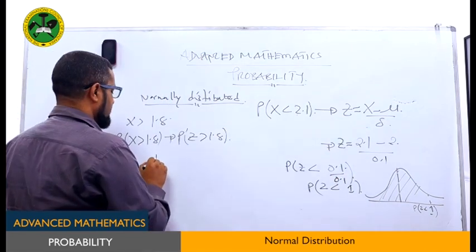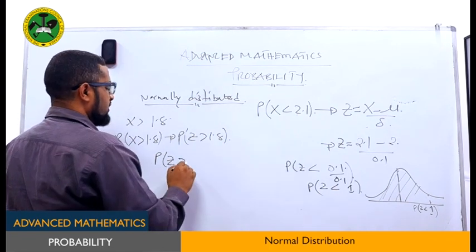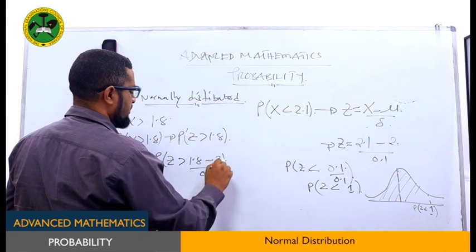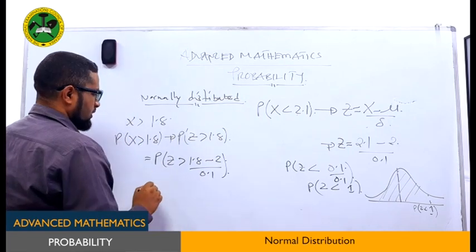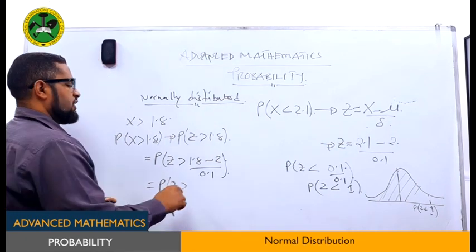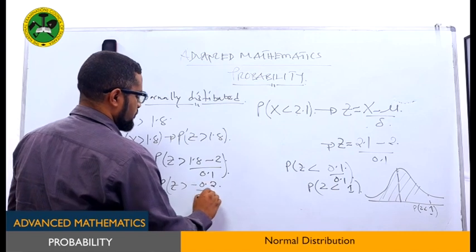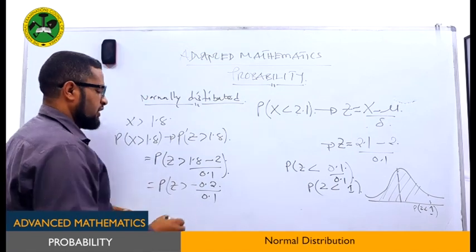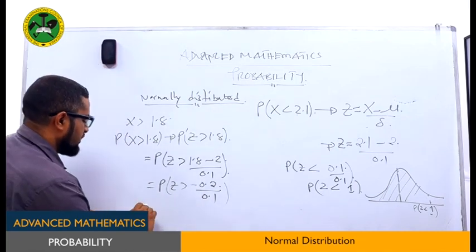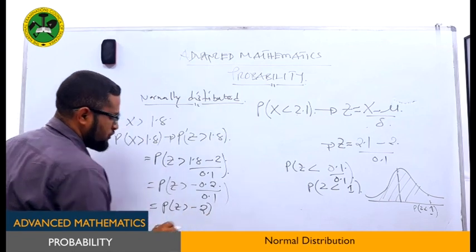So it is the same as writing the probability of z greater than x minus mean, so 1.8 minus our mean 2, divided by 0.1. Now take your calculator and simplify. 1.8 minus 2 is negative 0.2, divided by 0.1. If you divide negative 0.2 by 0.1, it gives you the probability of z greater than negative 2.